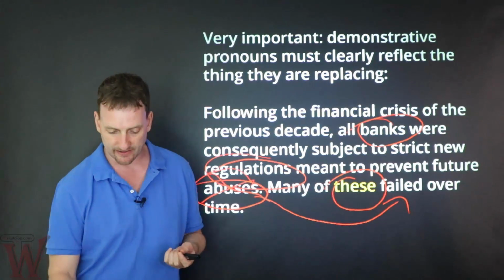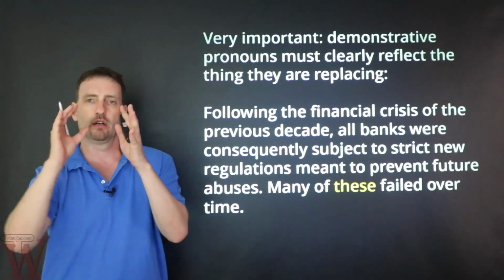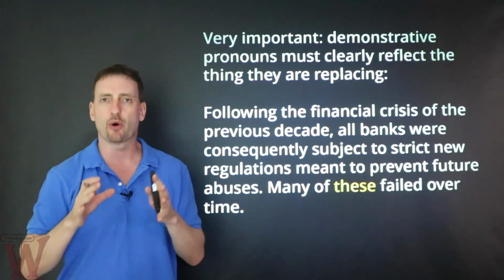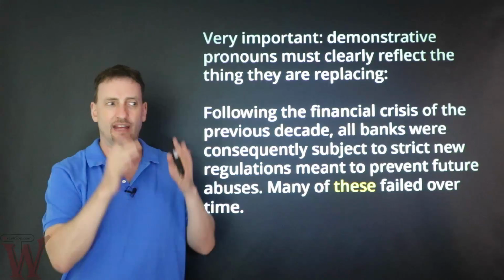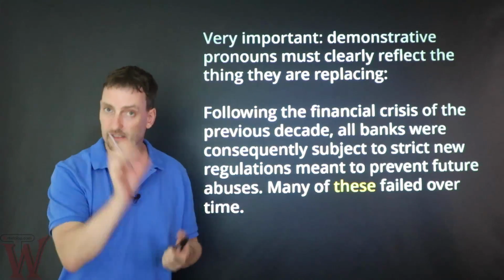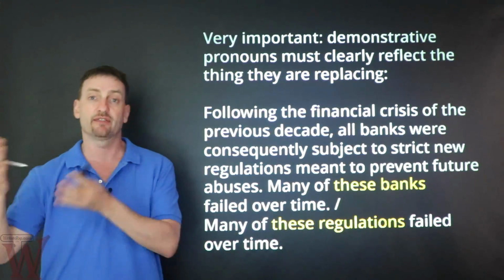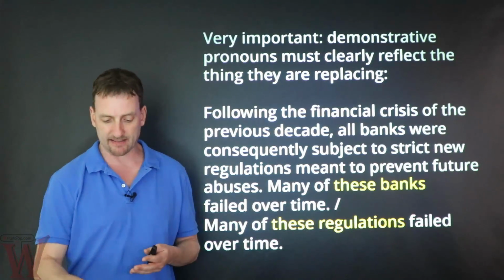So how would I fix this? When you have a situation where your pronoun is meant to replace something, and there are two things and you want to be very clear, just repeat. Still use the pronoun, but repeat the noun. So, "many of these banks failed over time." Okay, the banks that I refer to.